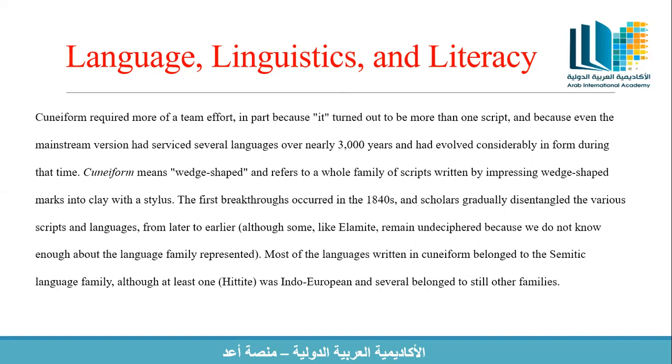From later to earlier, although some like Elamite remain undeciphered because we do not know enough about the language family represented, most of the languages written in cuneiform belonged to the Semitic language family, although at least one, Hittite, was Indo-European and several belonged to still other families.